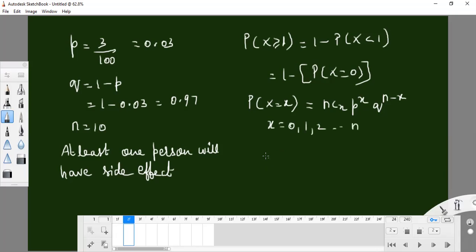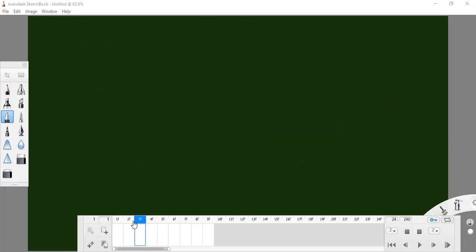So P of x greater than or equal to 1 equals 1 minus nC0 p power 0 q power n minus 0. The n value is 10, so 10C0, 0.03 whole power 0, and 0.97 whole power 10 minus 0.